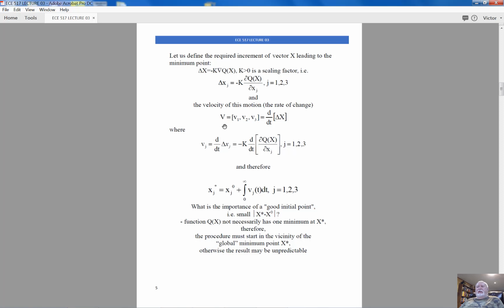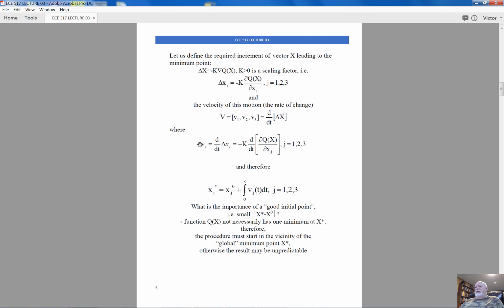If I take the derivative of delta x, I will get this velocity v, and this velocity will have three components in my case, each a time derivative of delta x1, delta x2, and delta x3.